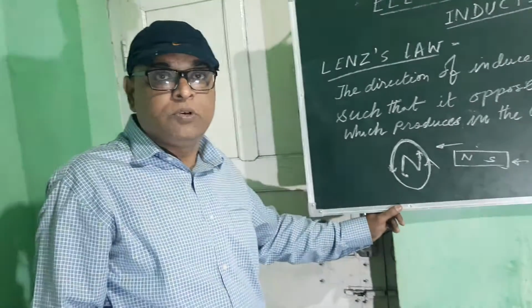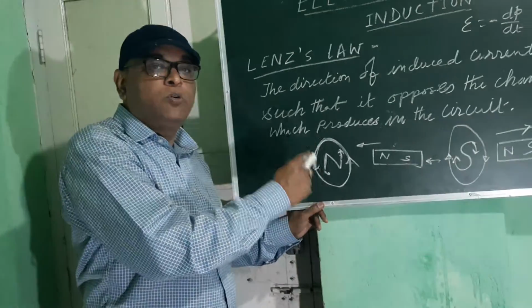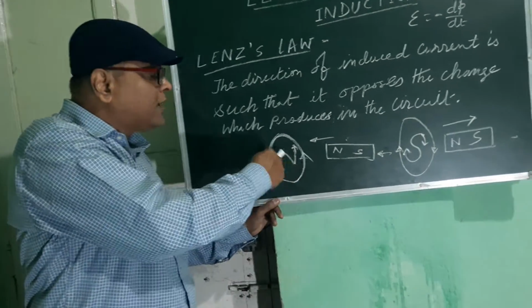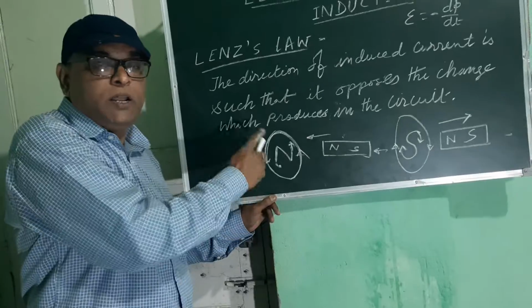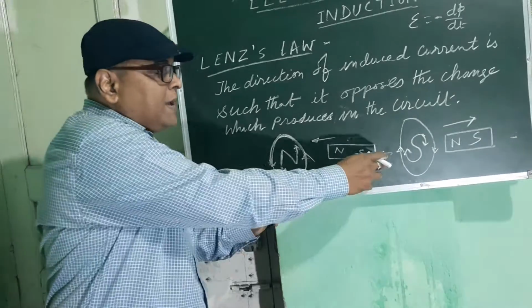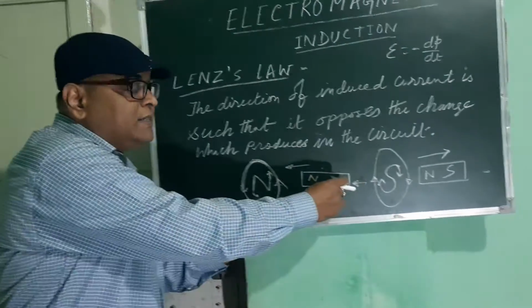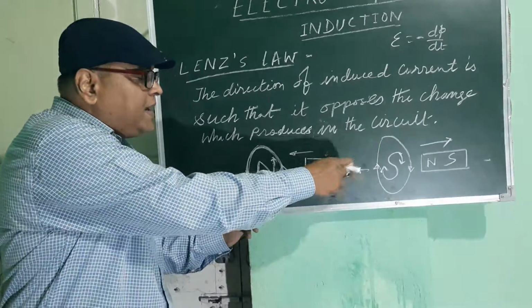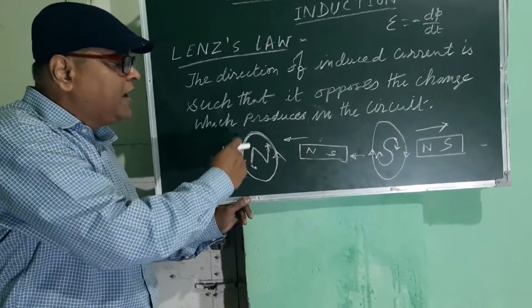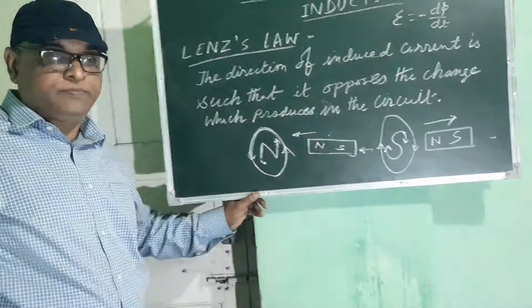So to maintain the production of current in the loop, a mechanical force is applied or mechanical energy is given. That energy will convert into electrical energy.